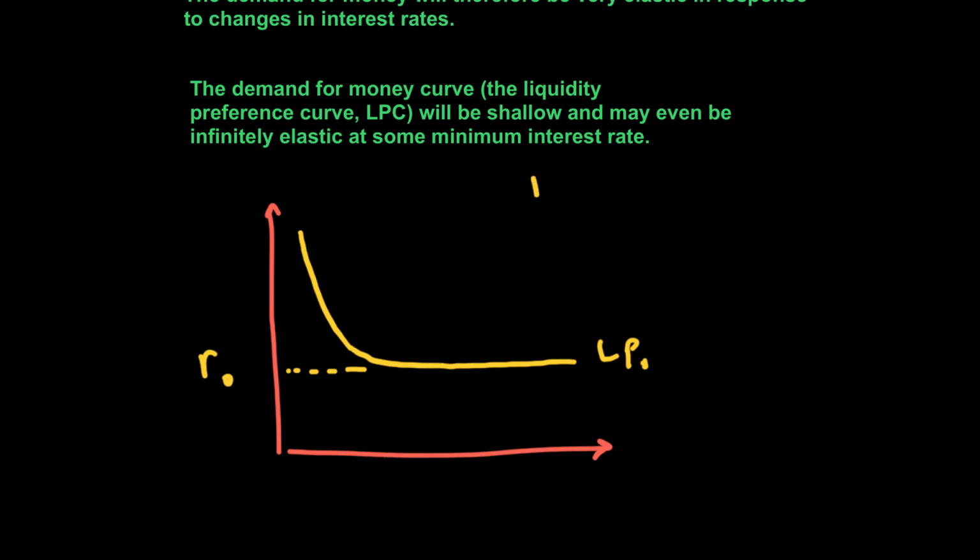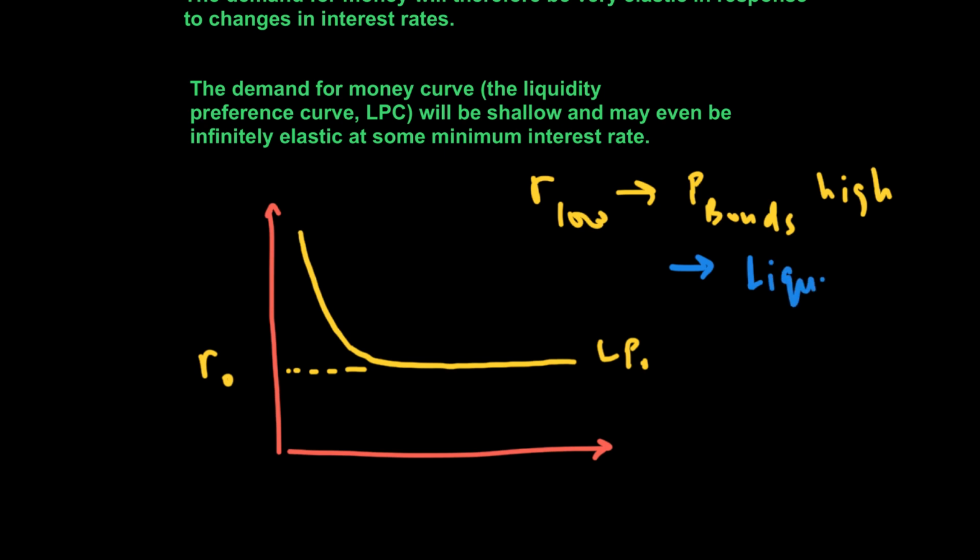So let me write this: R is low means the price of bonds is high. If the price of bonds is really high, nobody is going to buy bonds, because people expect the price of bonds only to fall, and they don't want capital losses, so people will hold liquid assets. Liquidity will be very high at that point in time.